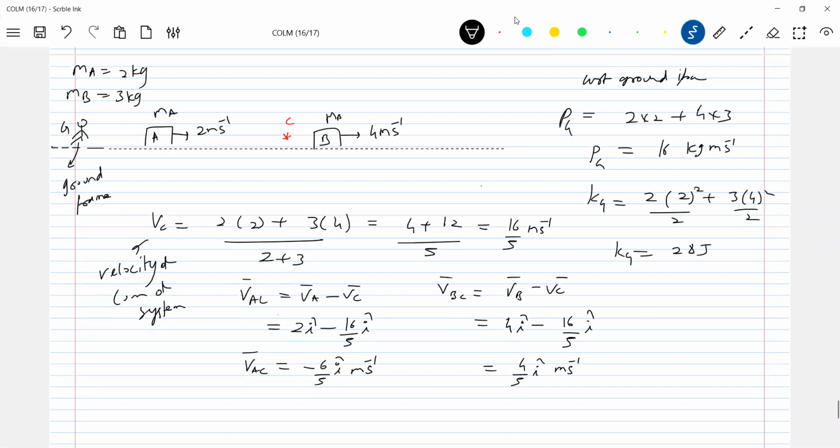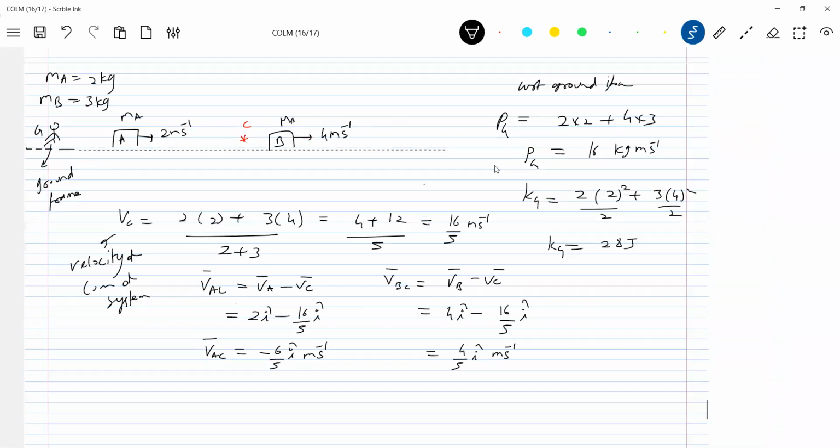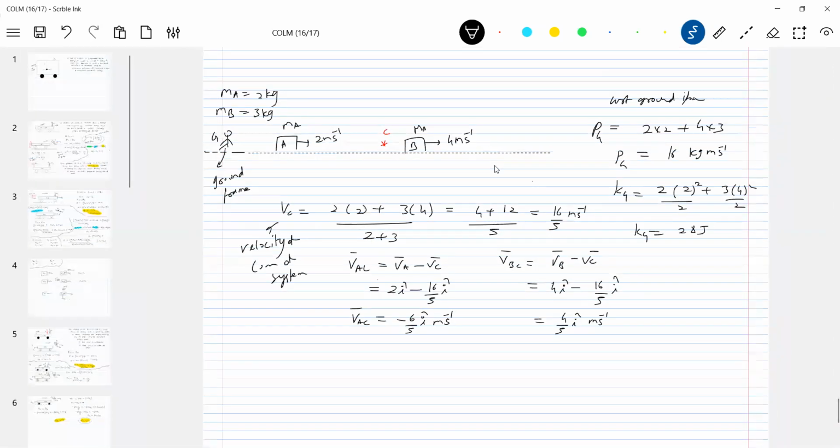In the C frame, how will A and B appear moving? With respect to the C frame, I'll write everything.